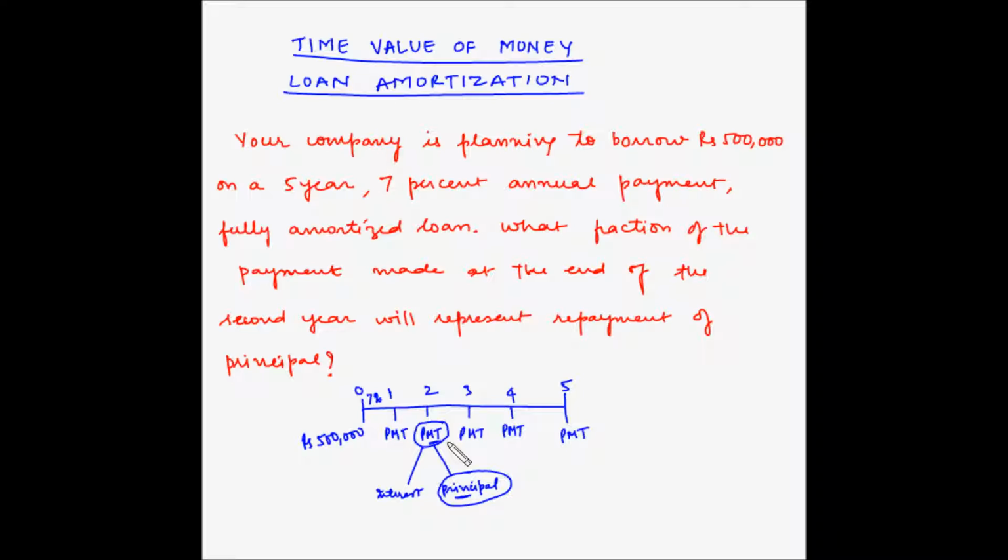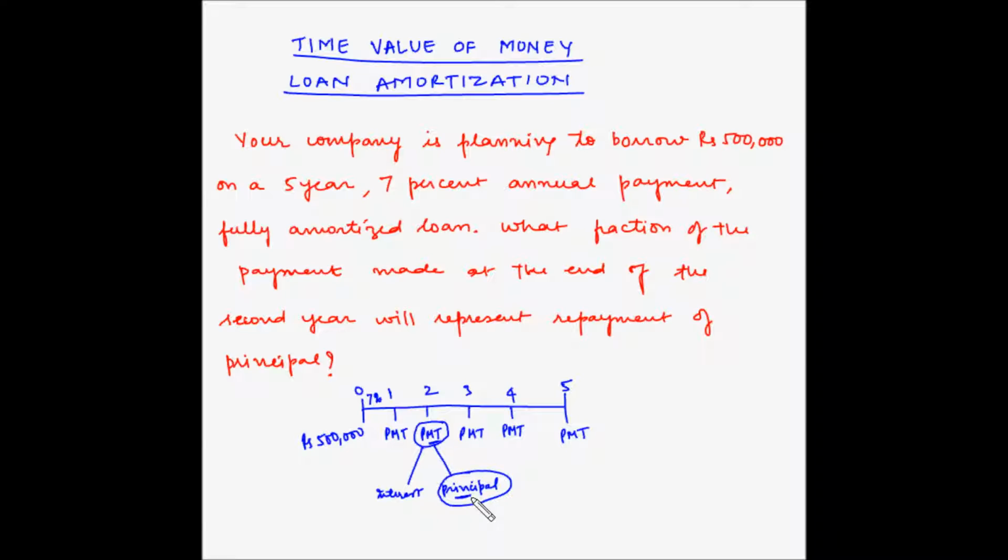So the first part is to find out this payment amount. Then we have to prepare an amortization schedule to find out the principal and interest components for this second payment, and then find out how much percent of this payment is principal.